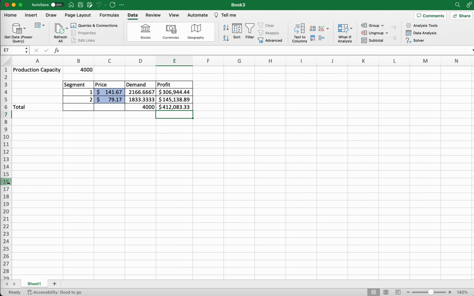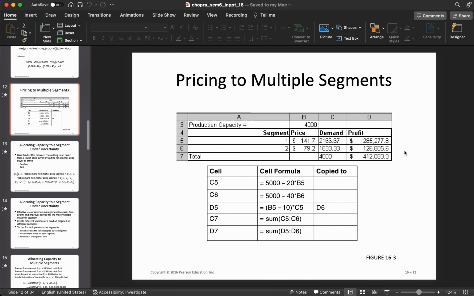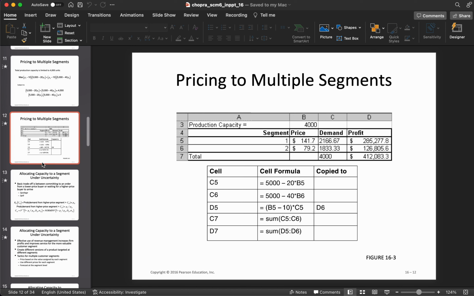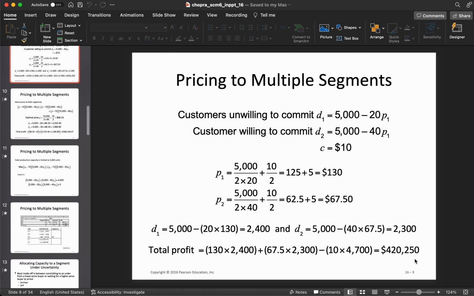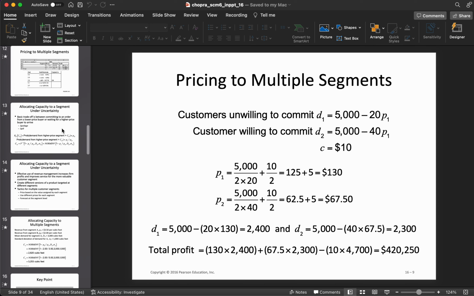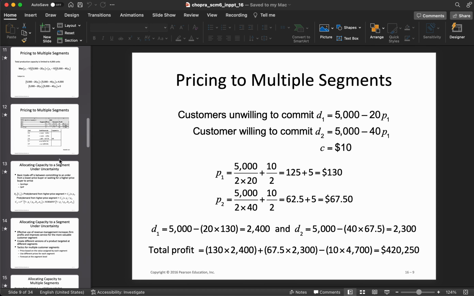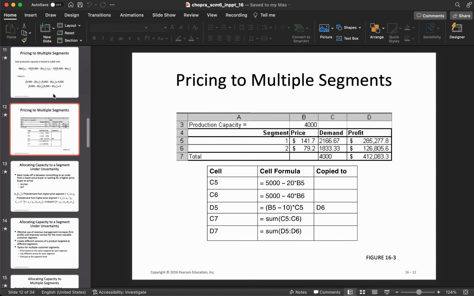So you will notice a couple of things that I want you to notice. One is that this overall profit is less than the profit that you got when you were assuming that there were no constraints. The total was 420,250, which is definitely more than the 413,000 that you get when you have constraints. So this is something you should realize. Whenever you have constraints, they always lower your profits.